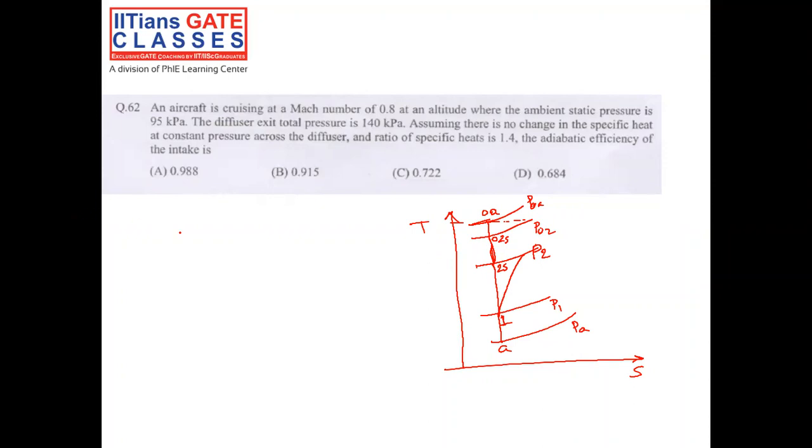So this is the TS diagram of the flow inside the diffuser. Now the diffuser efficiency is given as the isentropic total enthalpy at the exit, H02s, minus the total enthalpy at the ambient, H0a, over H02 minus H0a. Since Cp is constant, Cp gets cancelled in both numerator and denominator.